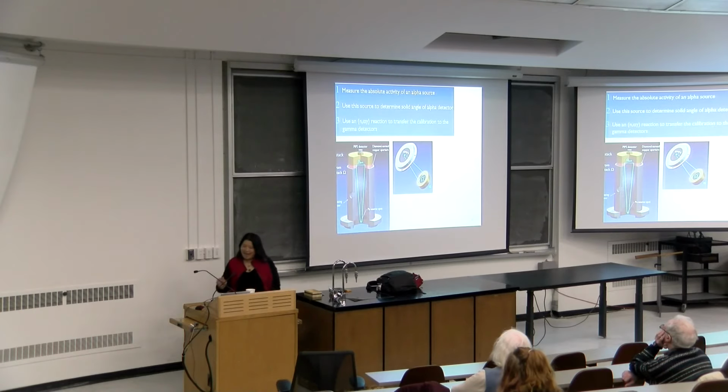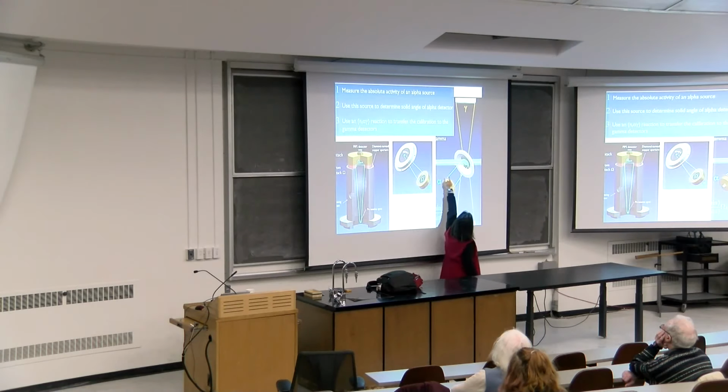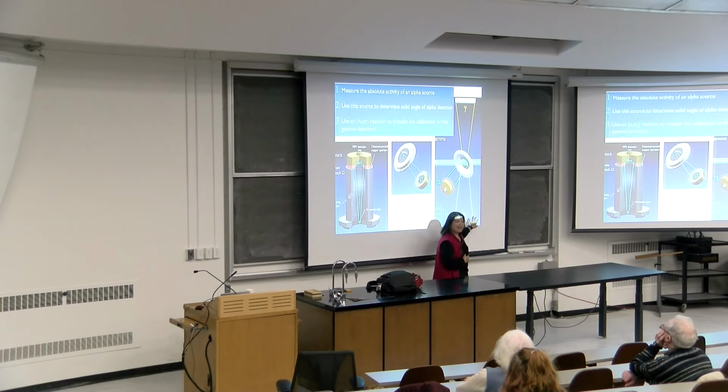Now after that, they take away the plutonium source and shine the cold neutron beam through this absorber, which will emit both alpha and gamma. In this case, it's a thin layer so that both alpha and gamma will be collected. Alpha will not be stopped by the finite thickness of the layer. In this case, you can transfer the detection efficiency of your alpha detector to the gamma detector.